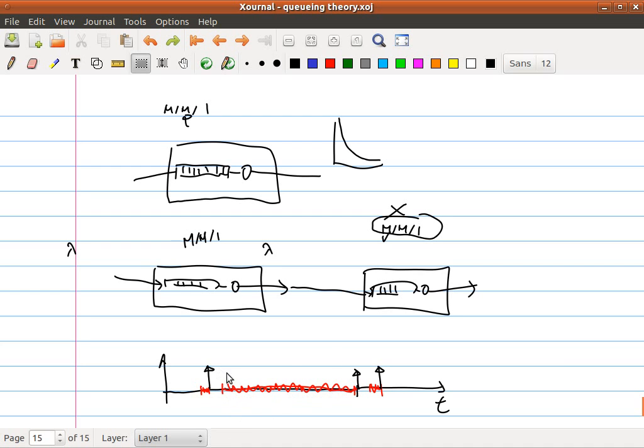So when the interarrival time is long, we can predict that the service time will be long also.